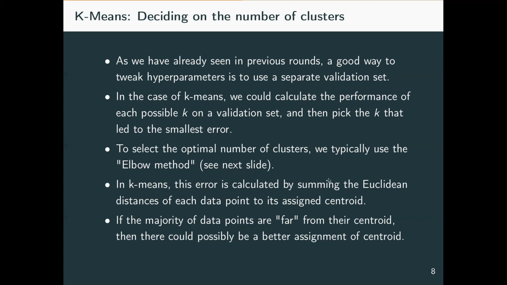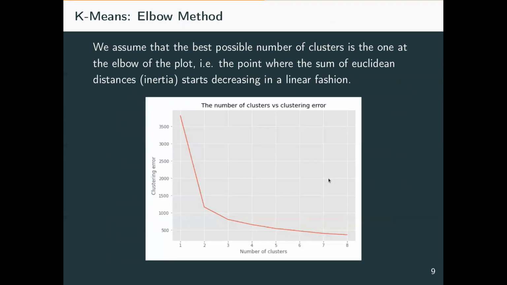Okay, now let's see the elbow method. Here, this is taken from the assignment. We tried out different values of k, from 1 to 8 clusters, and the elbow method says that the best possible number of clusters is the one at the elbow point of the plot.